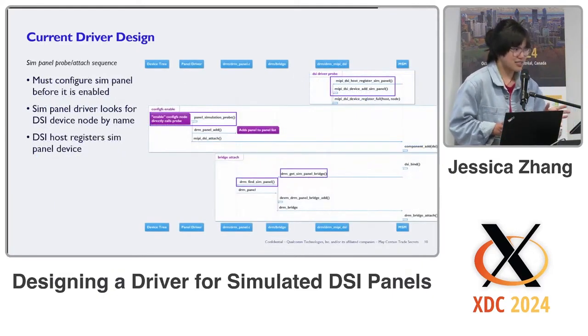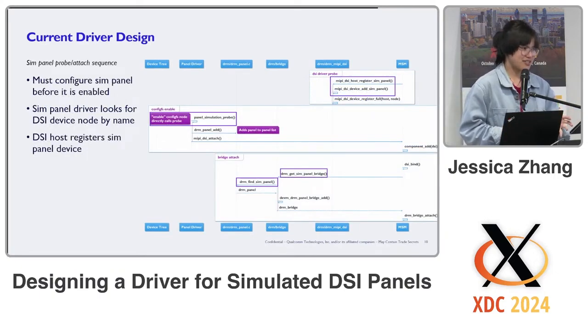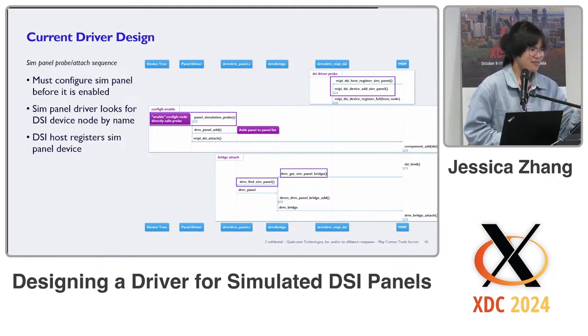So all in all, this is basically how the probe and attach sequence goes. When the DSI host driver is probed, it will just register the sim panel as a DSI device. After the device boots to shell, the user can do the setup I described in the last slide. Then after they trigger the enable, that's when the panel will be probed, added, and attached to DSI.